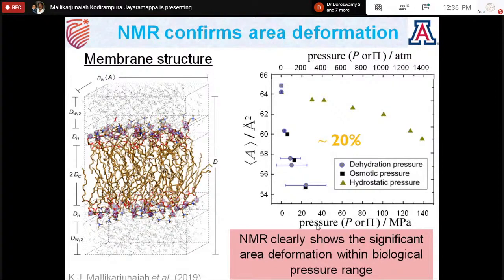Also, another point we showed about 8 to 10 years ago is that membranes do deform in the presence of external pressure.